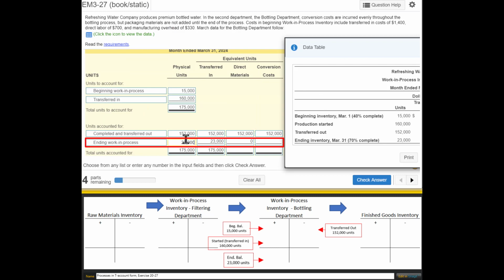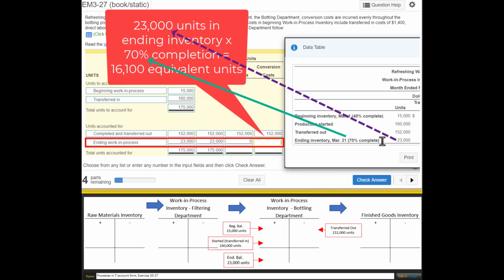And then finally, of these 23,000 units, what percent have had the conversion costs added to them? Well, remember up here it says conversion costs are incurred evenly throughout the bottling process. And what percent are these 23,000 units complete? 70% complete. So to calculate the equivalent units, these 23,000 units times 70% gives us 16,100 equivalent units.